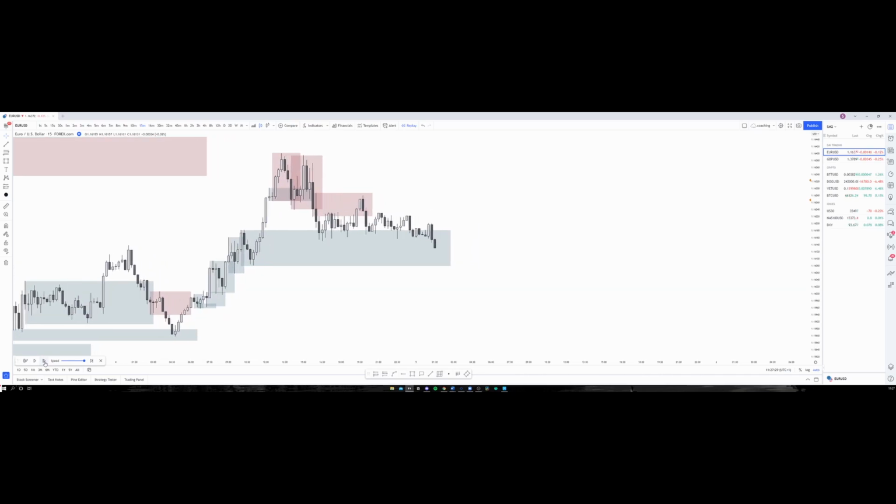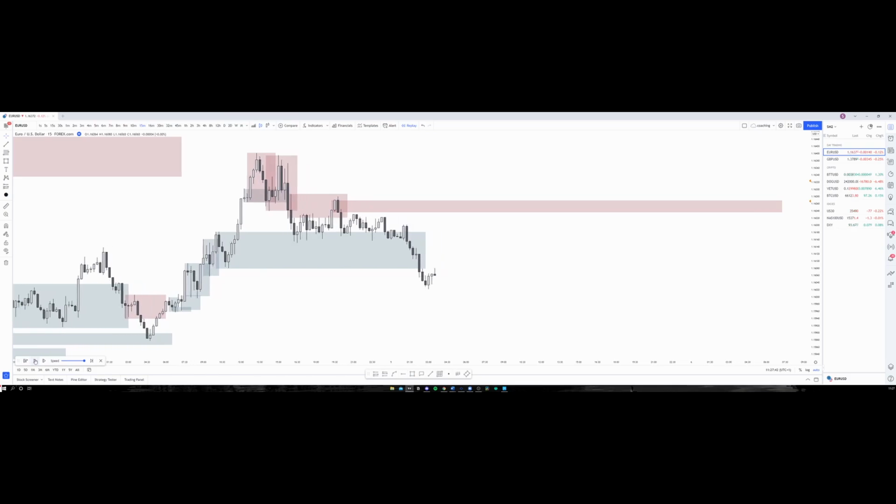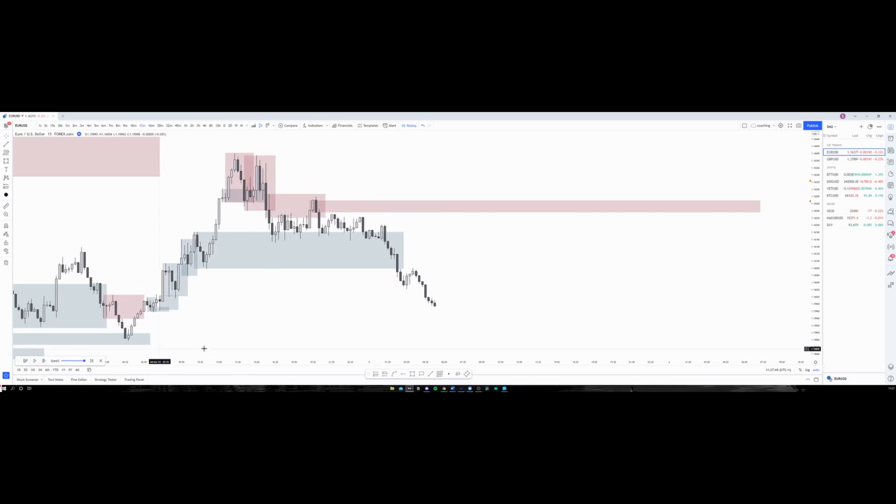Okay, this gets protected. This is never mitigated, right? You see how it never gets mitigated. Creates equal highs below it, so that's a future POI. This is all equal highs now. Okay, price initiates out.